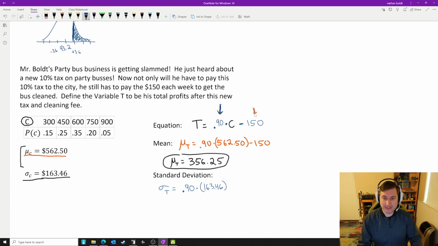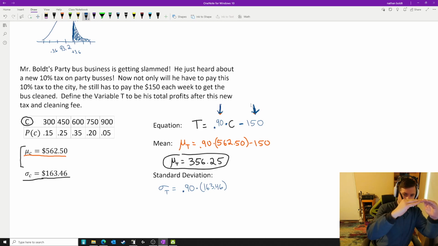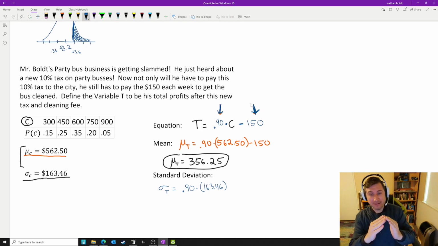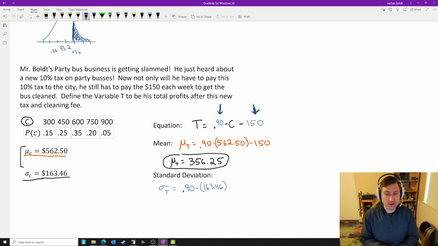But subtracting 150 does not change the standard deviation. Remember, that's just sliding it over, and sliding it over does not change the spread. So I don't subtract 150 here. I just do the multiplication. That's the only part that affects the spread.